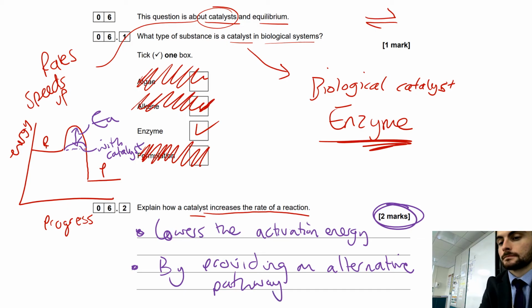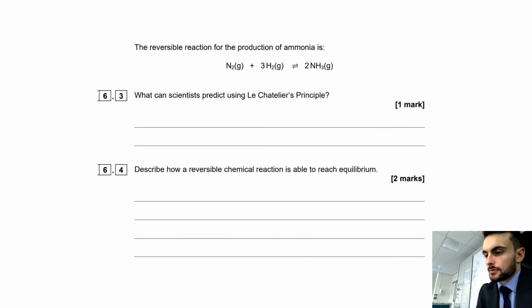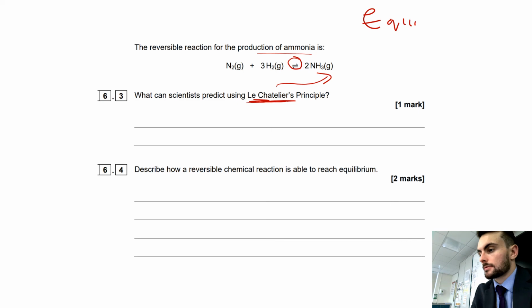The reversible reaction for production of ammonia is as follows. That's your symbol for reversible reaction. What can scientists predict using Le Chatelier's principle? We're talking about equilibrium first and foremost. The first thing that pops into my head is same rate forwards and backwards, the same rate of reaction.